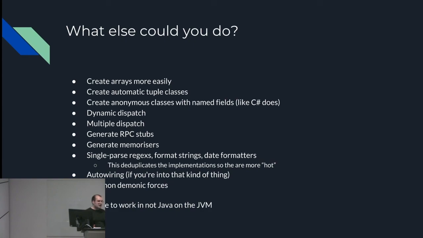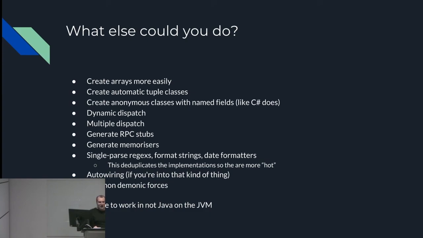If you did a dynamic dispatch, you could have it say, well, what's its actual type? If it's actually an int, I'm going to call foo int and not foo object. You can have that happen at runtime. And multiple dispatch too, if you can do it with any combination of arguments.